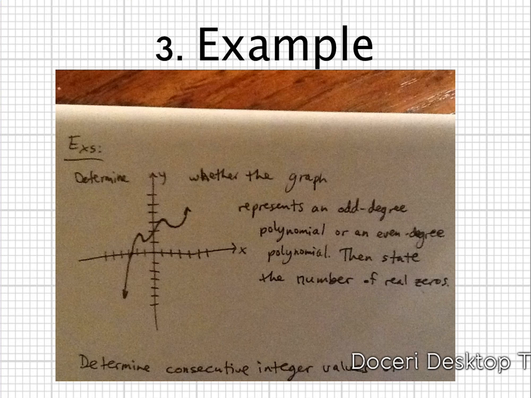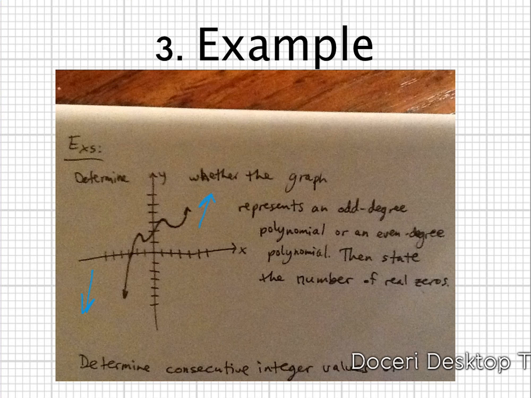Okay, so the first example is determine whether the graph represents an odd degree polynomial or an even degree polynomial. Then state the number of real zeros. So you'll notice we go down on the left and up on the right.